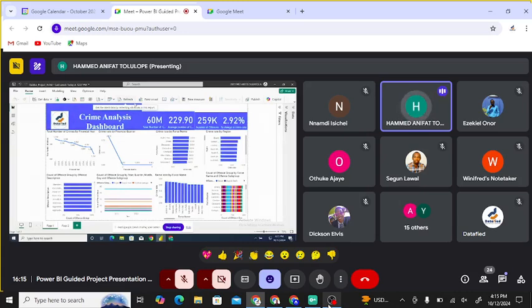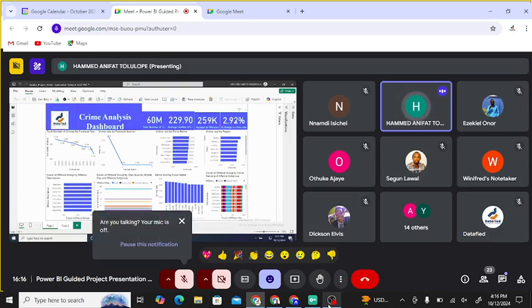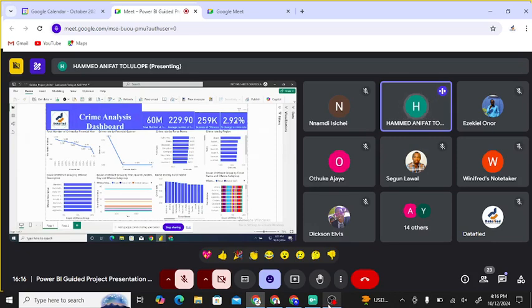So I did my metrics for total number of crimes. I used sum of number of offense. Then I did one for average. Then for number of offense, I did the count, and for the percentage change in crime rate, I used a divide: the numerator is total number of crime minus total number of crime last year, and the denominator is total number of crime last year.